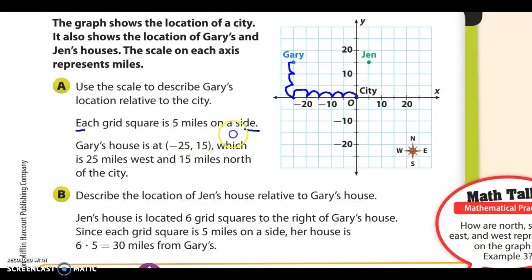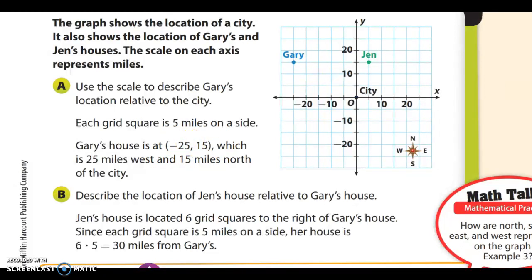So I want to review really quickly how we got those numbers. Well, if this were a scale of 1, Gary's numbers would be -5, 3. But since the scale is actually 5, we multiply these numbers by 5. And 5 times -5 is -25. It's right here. And 3 times 5 is 15. All right, let's move on.